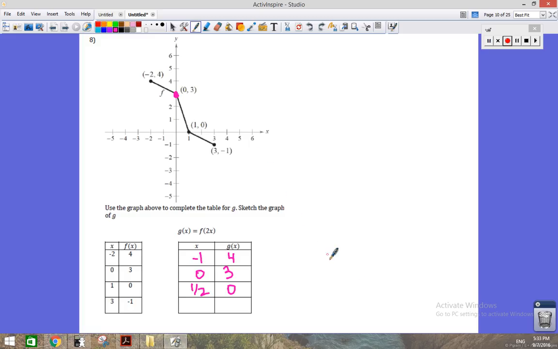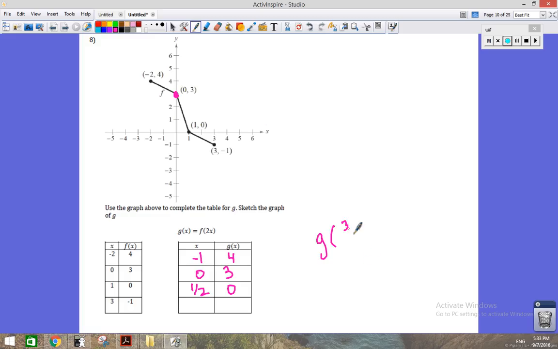We know the observations. G evaluated at 3 is f evaluated at 2 times 3. You know what? I won't be able to figure that out because f evaluated at 6 is not in my table. I need to be a little bit smarter about what I'm evaluating here.